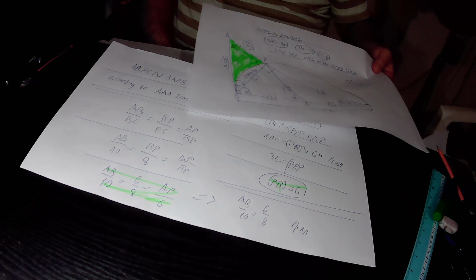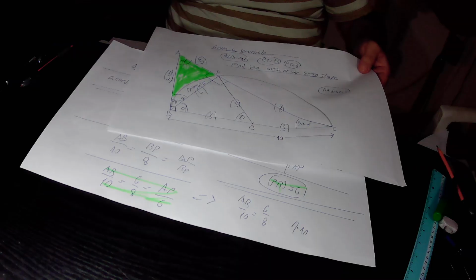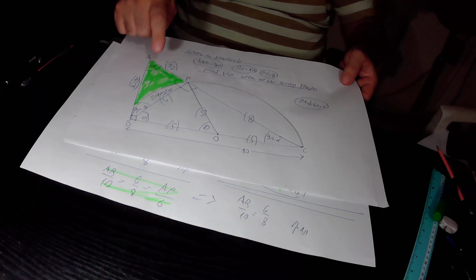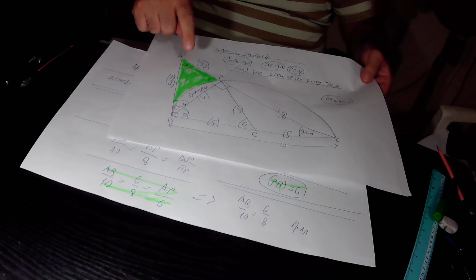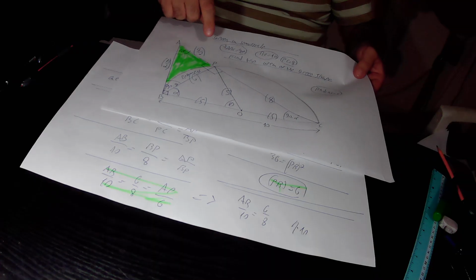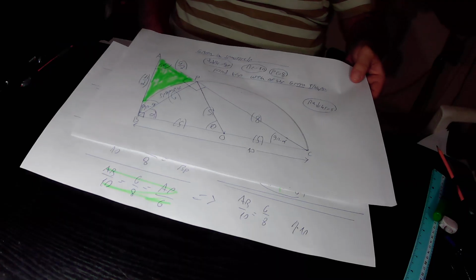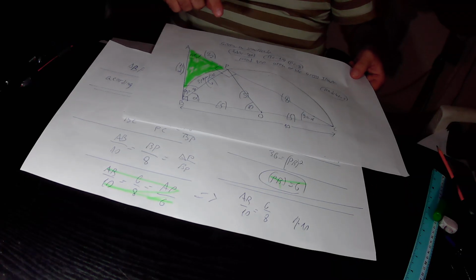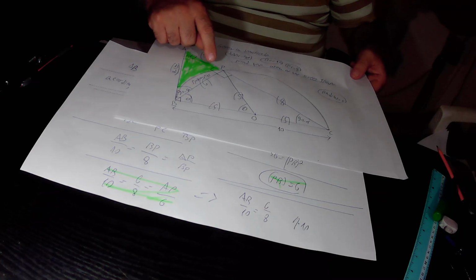We will derive that side AB of the small right triangle ABP over side BC of the big right triangle BPC is equal to side BP of the small triangle APB over side PC of the big triangle BPC, and it is also equal to side AP of the small triangle APB over side BP of the big triangle BPC.